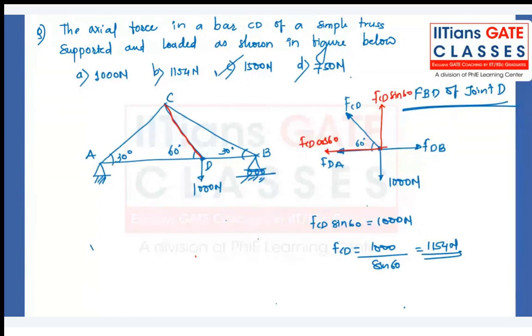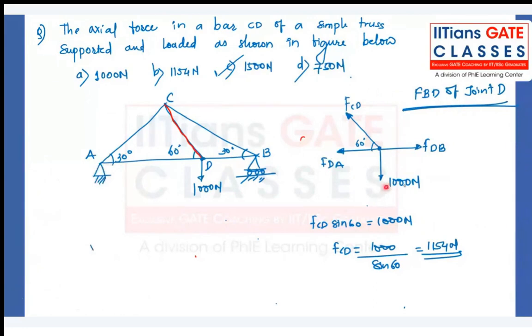I will explain the diagram once again. Listen carefully. I'm drawing the free body diagram of joint D. At joint D, if you see what forces are there, we have 1000 Newton force acting downwards.